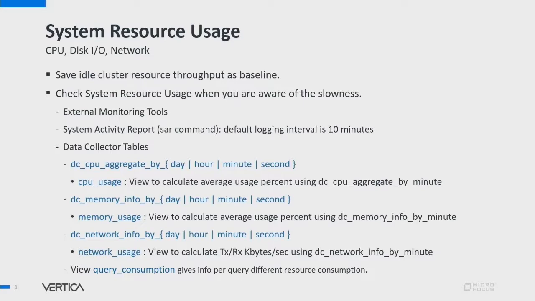Examples are disk controller performance being degraded, a network interface card dropping packets, or a network switch having issues. Out of different performance issues reported by customers, about 20 to 30% of the cases turn out to be hardware related.